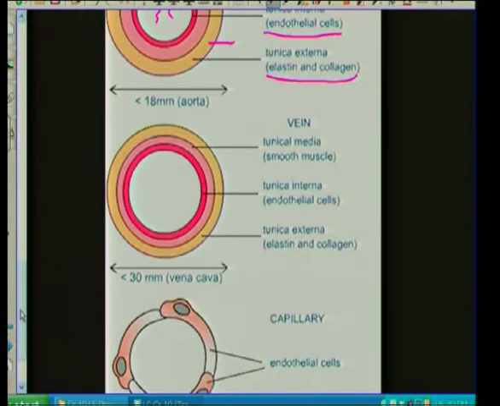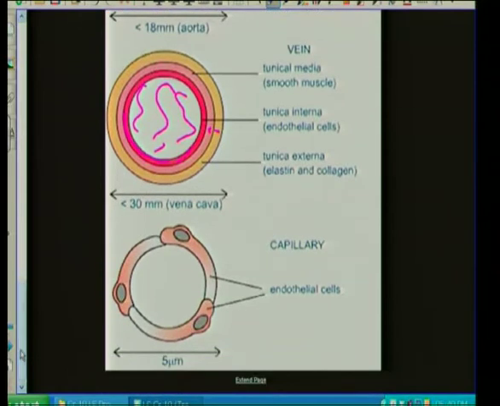You'll notice that the smooth muscle layer and the connective tissue are thinner. It still has an endothelial layer and a bigger lumen. And finally, we look at a capillary. A capillary is only made up of a single layer of endothelial tissue.